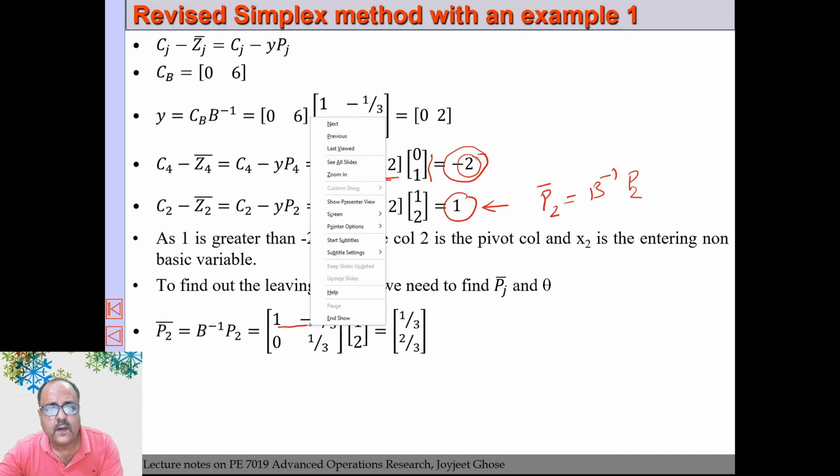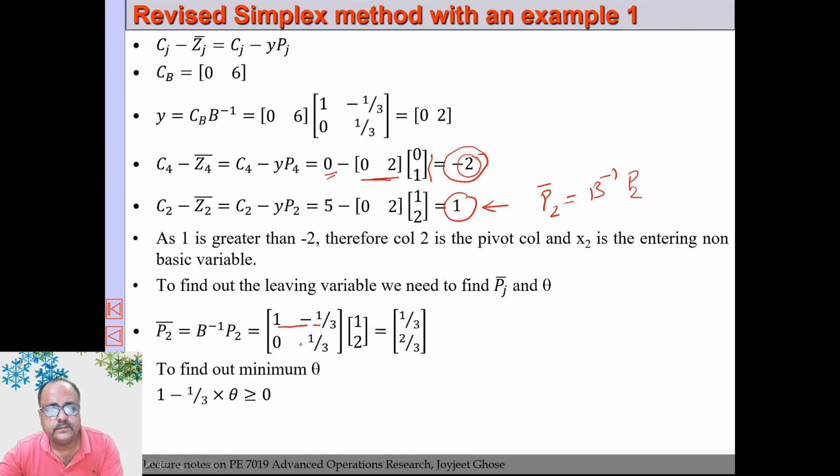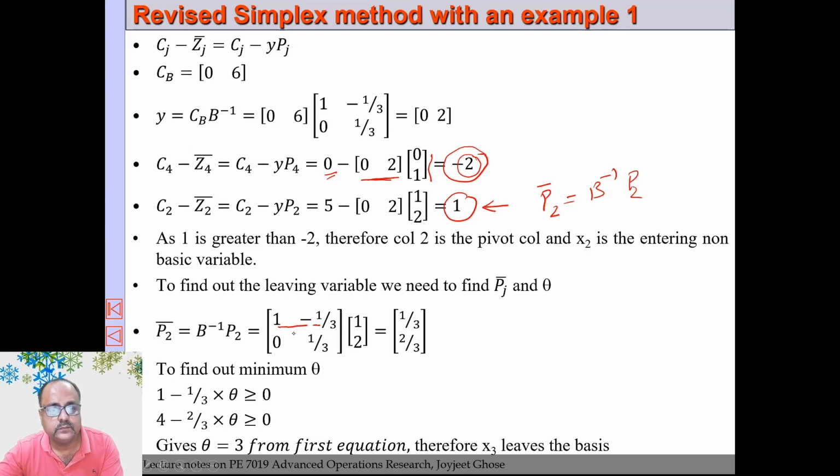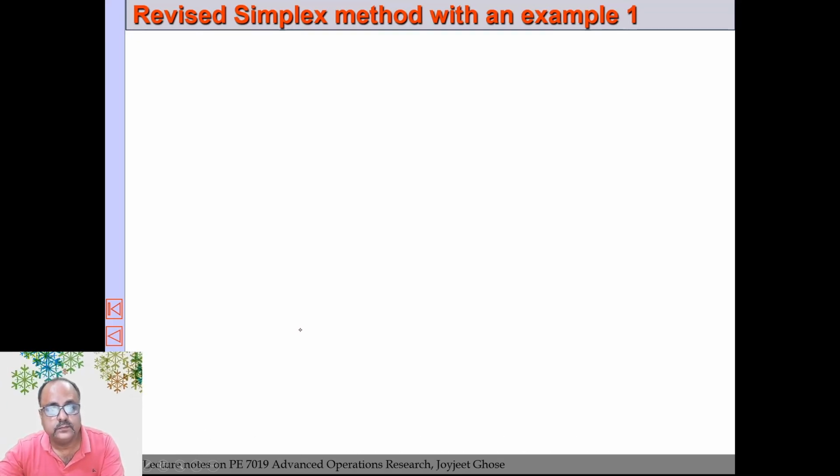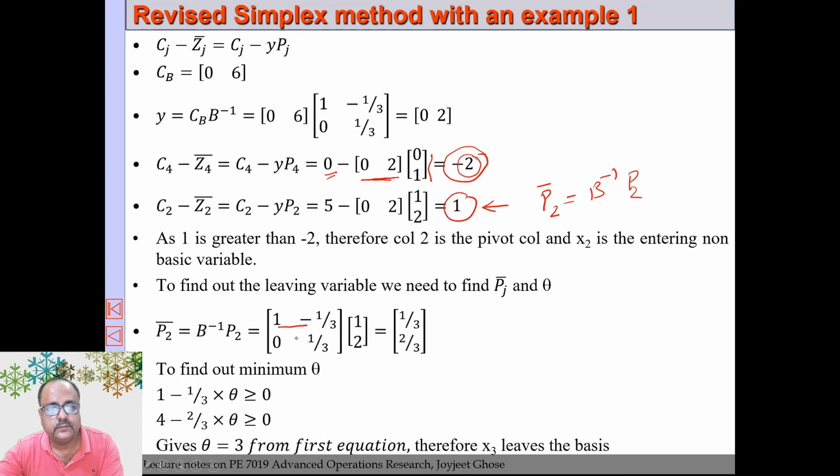So 1 into minus 1 by 3 plus this will give you 1 minus 2 by 3, which is 1 by 3, and 0 into 1 plus 2 by 3 will give you 2 by 3.